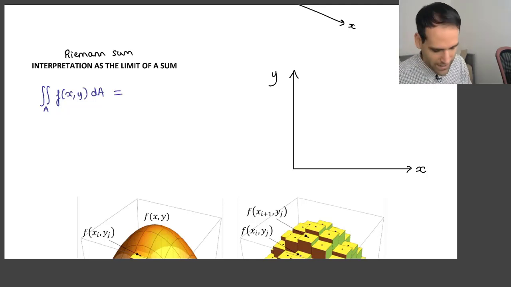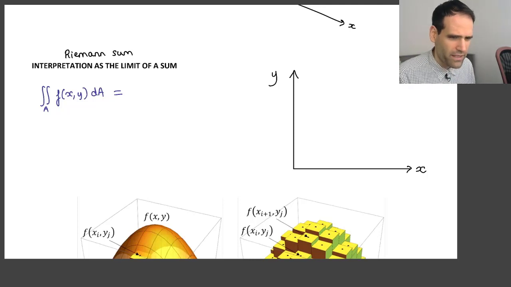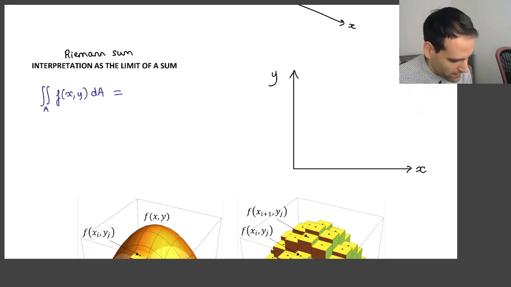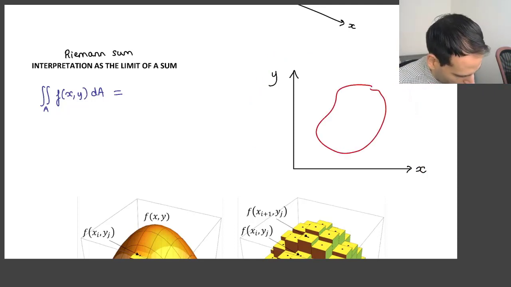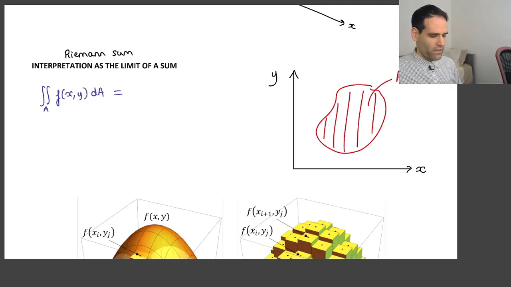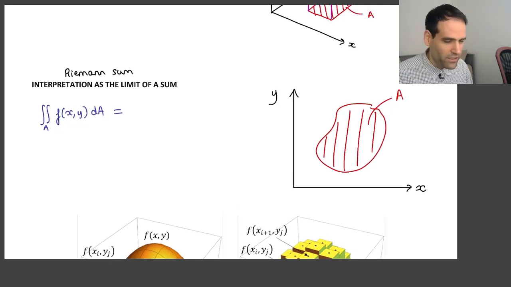So how are we going to write it? Let's consider, in general, here we have our xy plane. Let's consider the most general case of an area that has some arbitrary potato shape. So this is now our area A. How can we divide it into little squares?